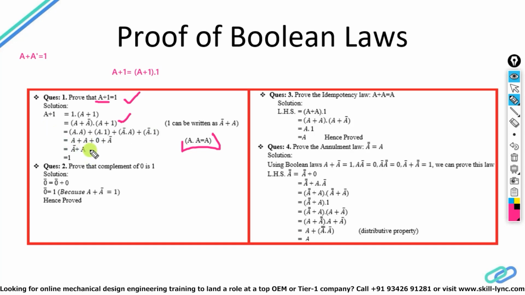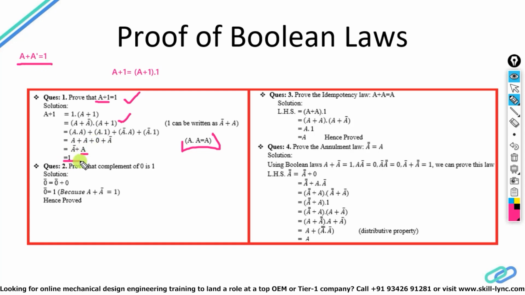Now, plus 0 is the same thing. Now, A plus A. We all know that A plus A equal to A, and A into A equal to A. So I am using that property of Boolean algebra. A plus A equal to A, so here it is A only, and A bar as such. And at last, again we all know that A plus A bar equal to 1.